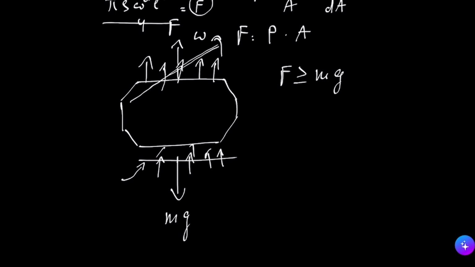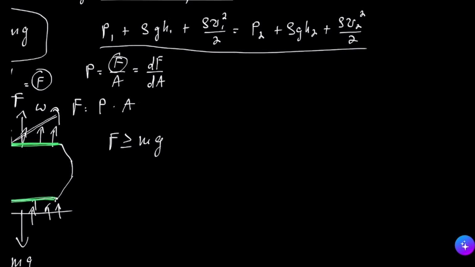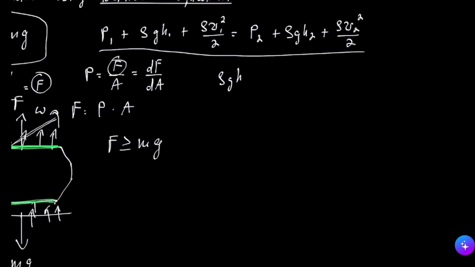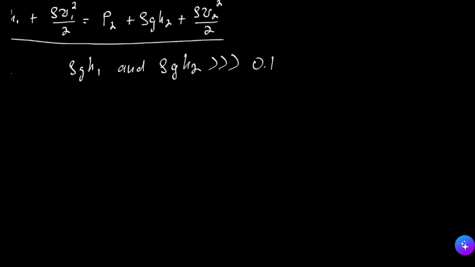And since there is not much change of height here, from here to here, and from here to here, there's really not much change. The height isn't really changing at all. So we can say that both rho g h1 and rho g h2 are much, much less than the other terms.